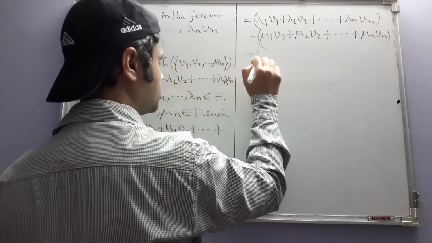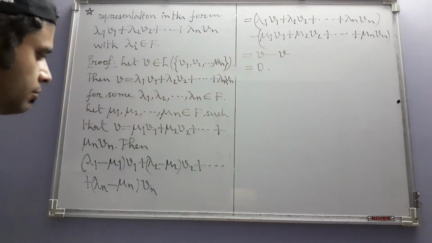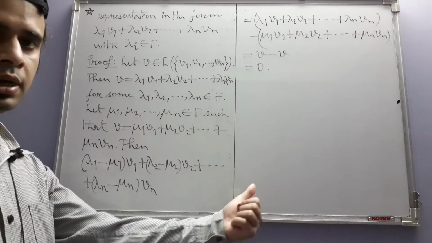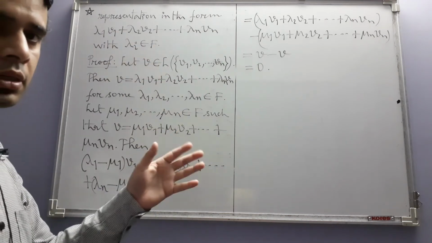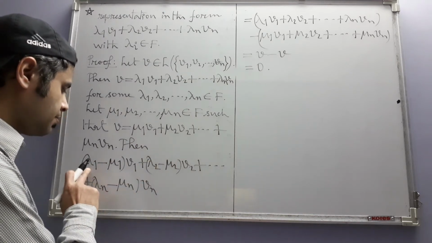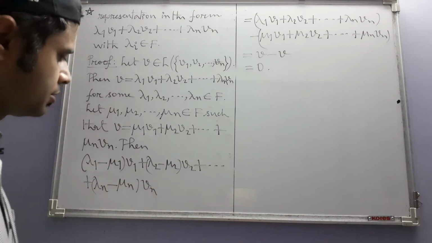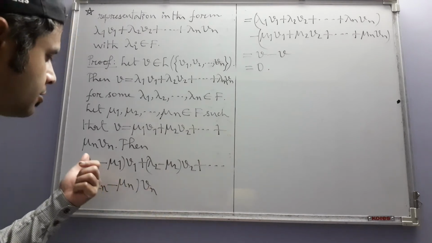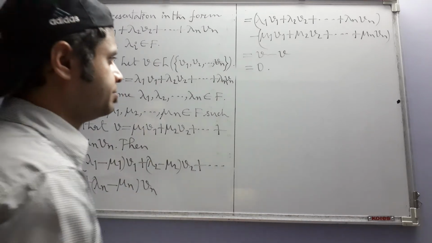Both of these things are equal to v, so this is 0. So this linear combination of the vi's has become 0. Now we invoke the condition that the given vi's are linearly independent. Because of independence, you cannot have non-zero scalars that make this linear combination 0, because otherwise they would be dependent. So independence implies that all the scalars must be equal to 0.